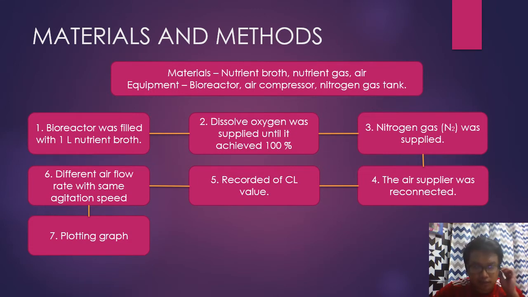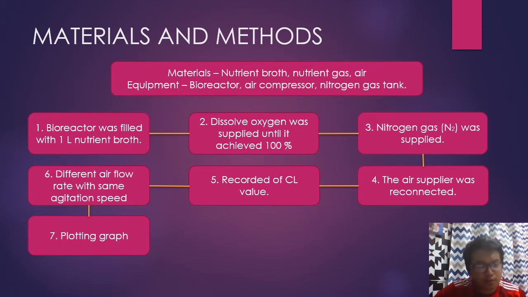The fourth step is, when the dissolved oxygen returned back to 0%, the air supply was reconnected, and then the CL value was recorded every 40 seconds until it reached the constant point.